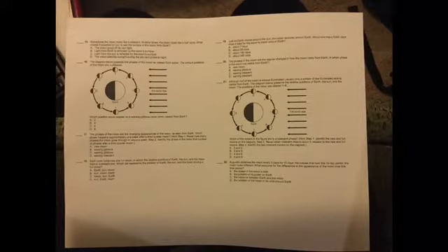Which of the moons in the figure are in a crescent phase? Hint: identify the new and full moons on the diagram. Recall when crescent moons occur in relation to the new and full moons. Identify the two crescent moons on the diagram. A, 2 and 4. B, 2 and 8. C, 4 and 6. D, 6 and 8.